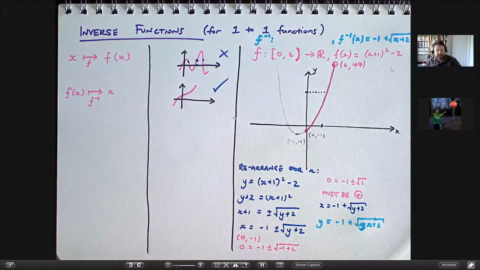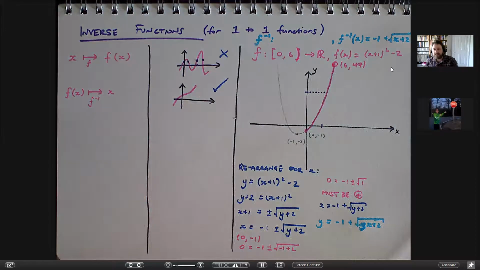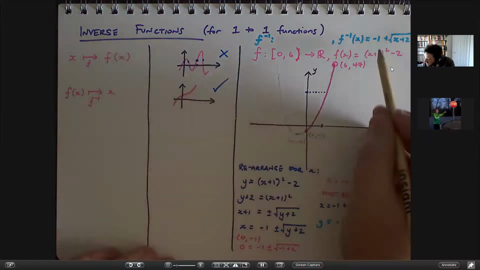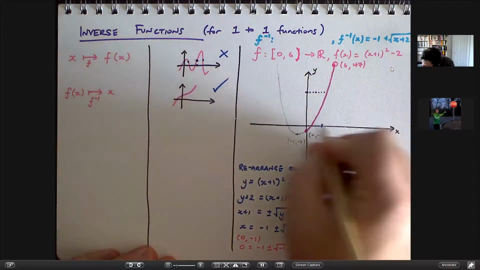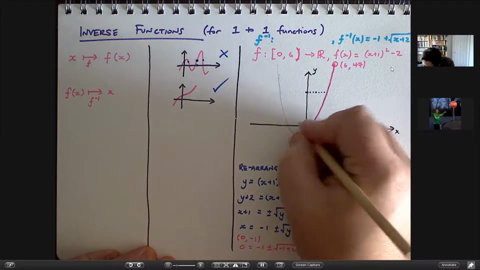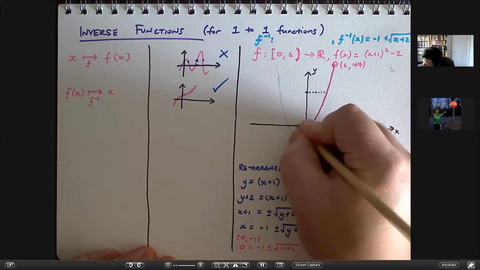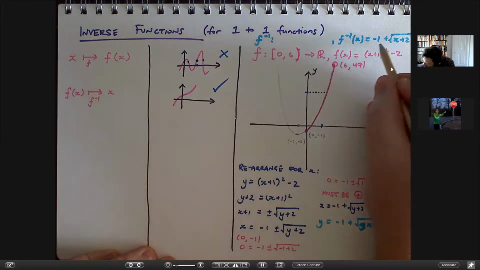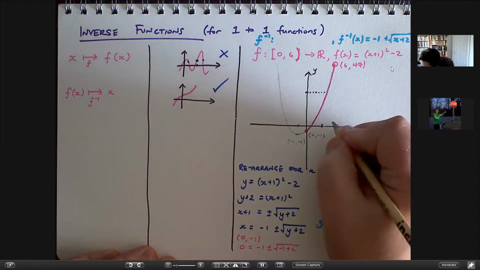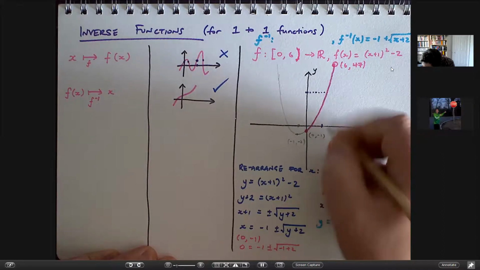And once again, I'm going to sketch it in pencil because I don't know what the domain is yet. But if I sketch this graph, it's going to start at -1, 0.